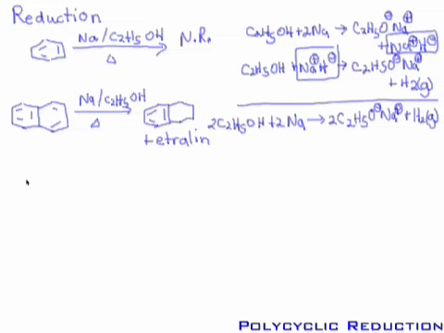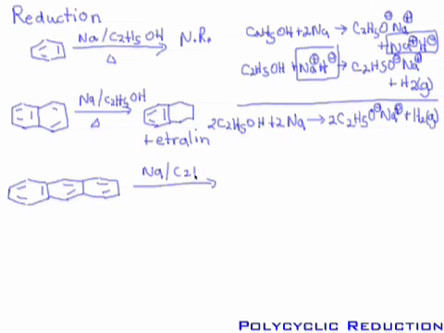This can also be seen in the case of the reaction of anthracene. Same reaction with sodium ethanol and heat produces 9,10-dihydroanthracene, where the 9,10 position has been hydrogenated.